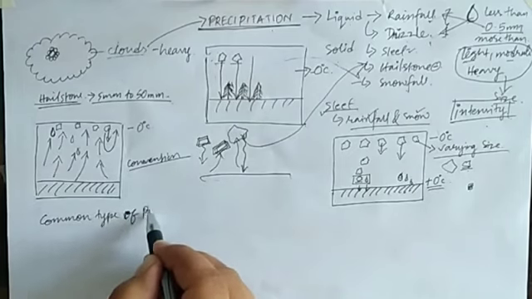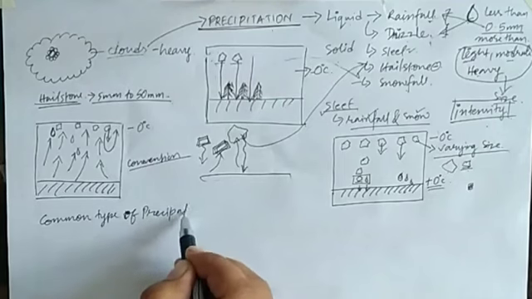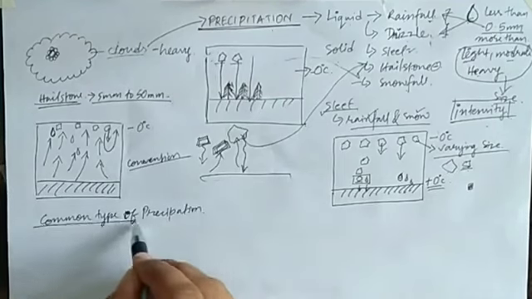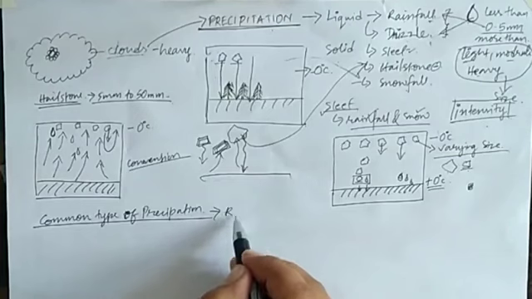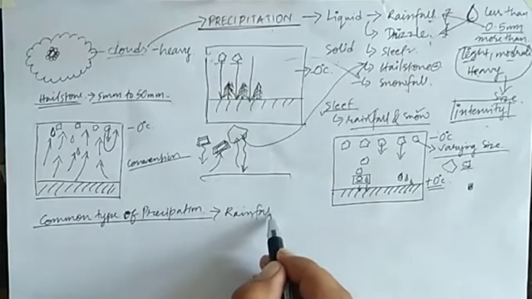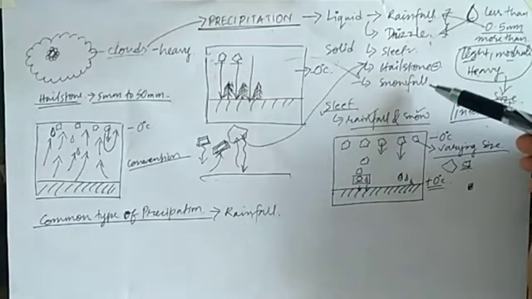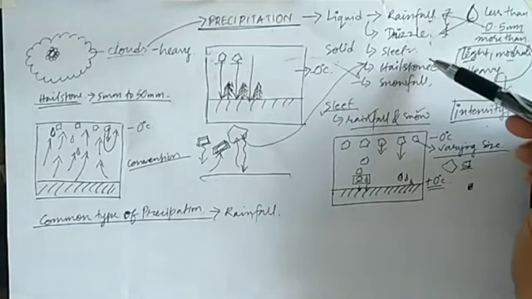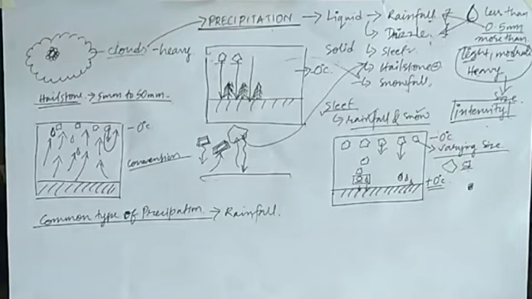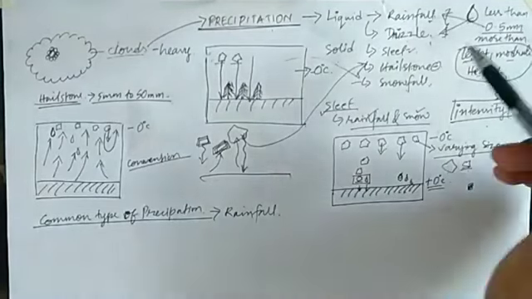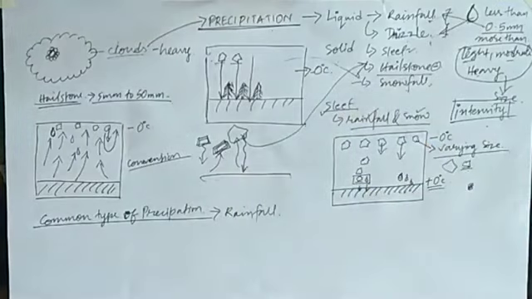Now the most common type of precipitation, which we discuss next, is rainfall, because hailstones, snowfall and sleet are not very common phenomena. They are very rare. Every time rainfall occurs, we don't observe hailstones, isn't it?